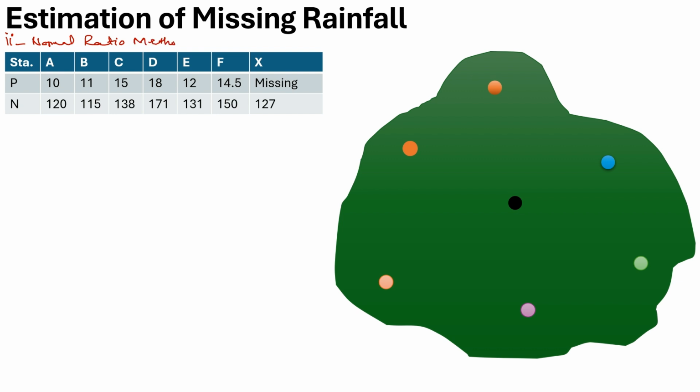In this method, we can use the formula for Px as 1 by n times the summation of Nx over Ni into Pi, where i ranges from 1 to n. Here, Nx and Ni are two new terms, and we know Pi and n from the previous case. Here again, this is the unknown station.